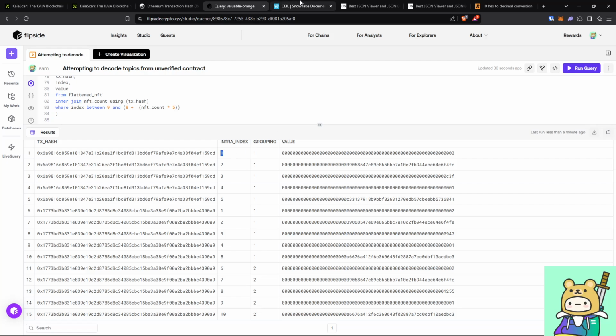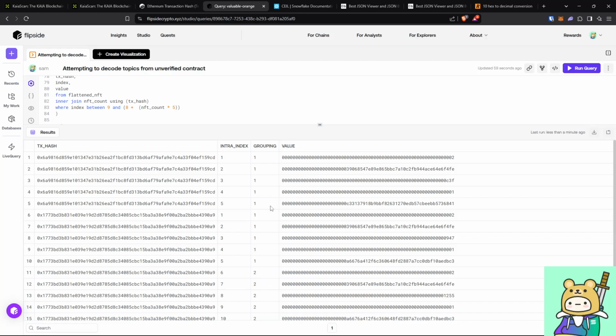But because we apply the ceiling function, it rounds it up to the highest integer, and it should be 1. And let's say for this one where there's 10, 6 divided by 5 is 1.2, and 1.2 rounded up to the nearest integer is 2. So that's how we group these two together.